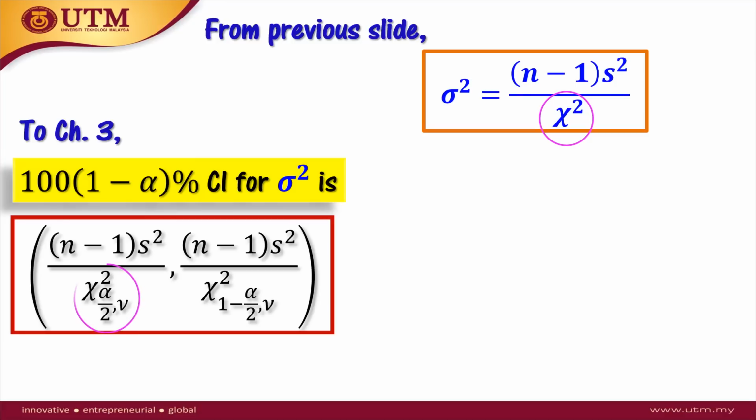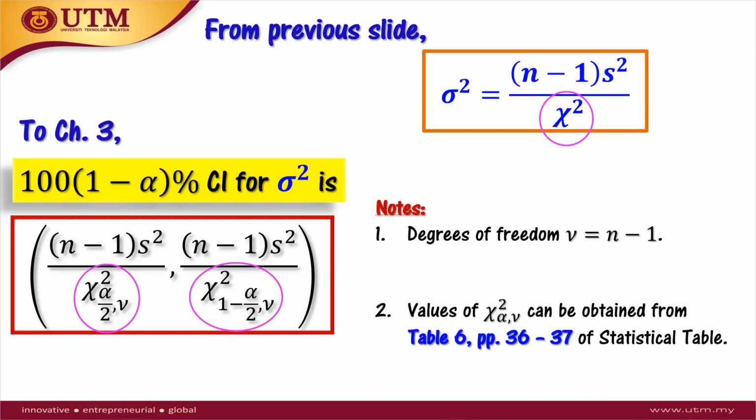In the lower limit, we use the value of chi squared at alpha over 2 nu, whereas the value of chi squared we use in the upper limit is chi squared 1 minus alpha over 2 nu. It is important to note that the degrees of freedom nu is the sample size n minus 1.